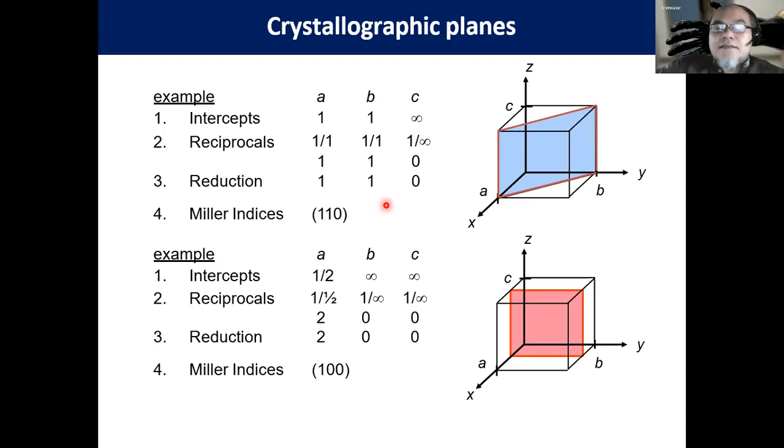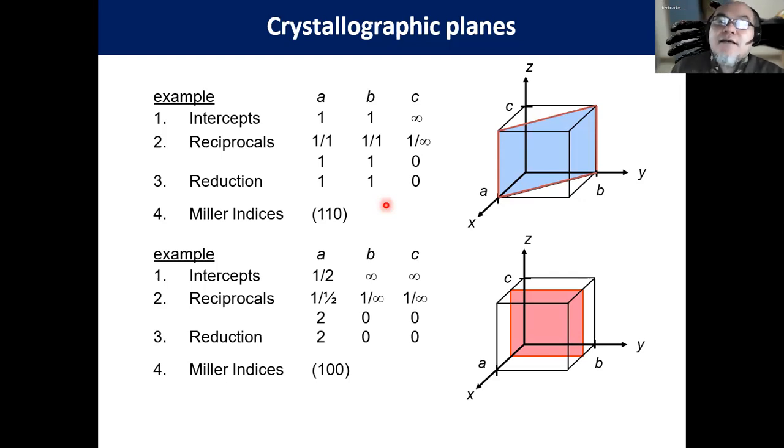Another example like this, we have a plane. If we look at that plane, it does not intercept the z-axis, and it does not intercept the y-axis either. It only intercepts the x-axis at half of a. So we first write down the coordinates where it intercepts the three axes.